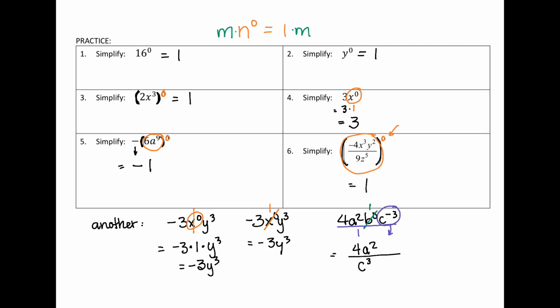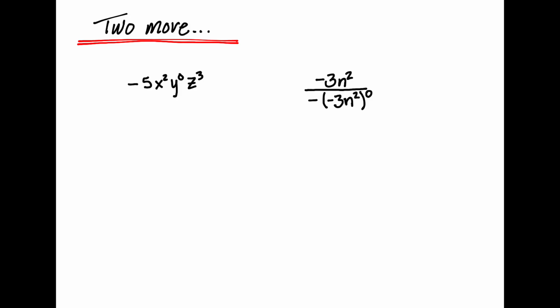Okay, because there are not too many examples, I gave you 2 more. There we go. So go ahead and try them. All right, so the first one, y to the 0 is 1, right?